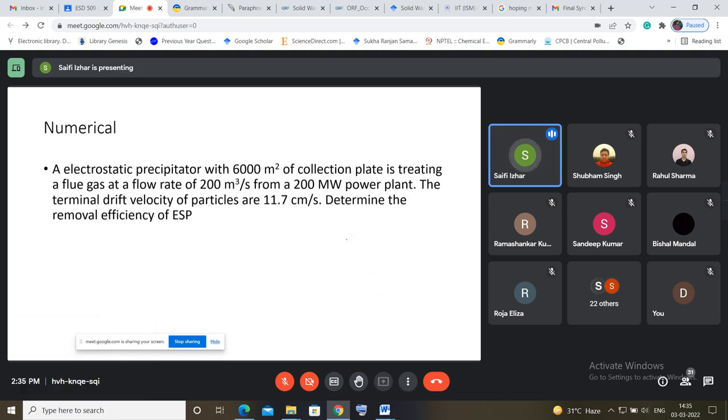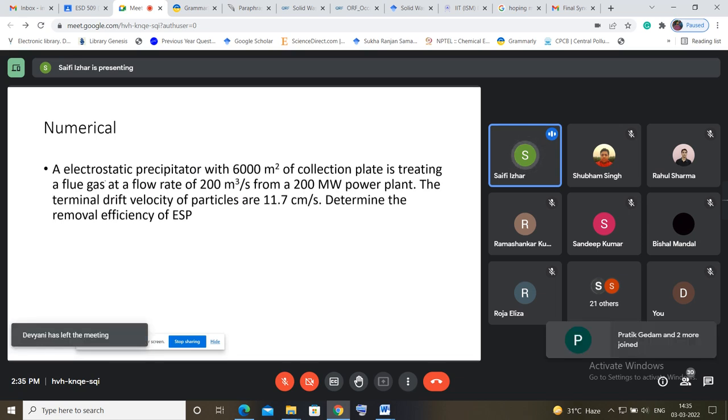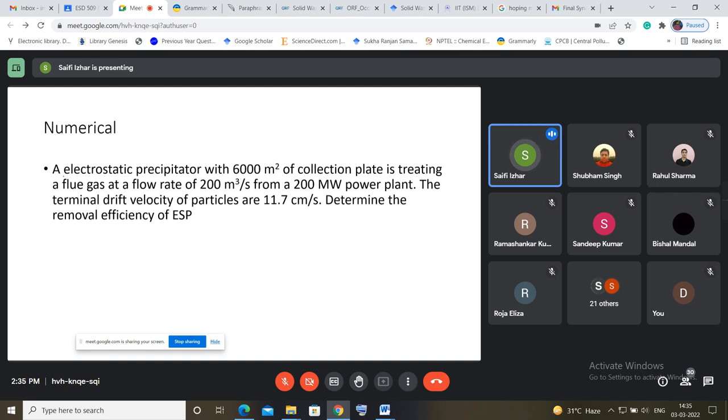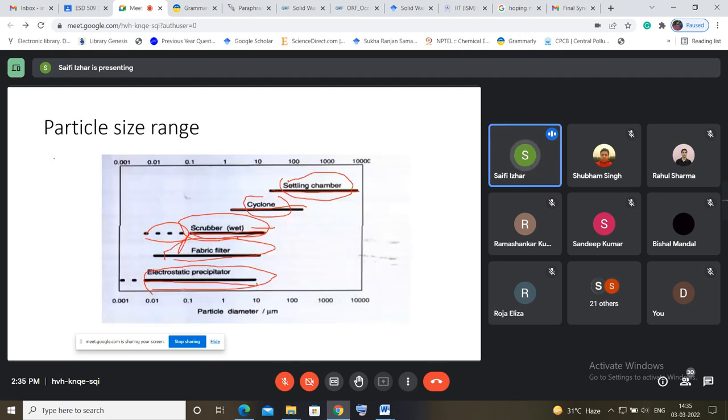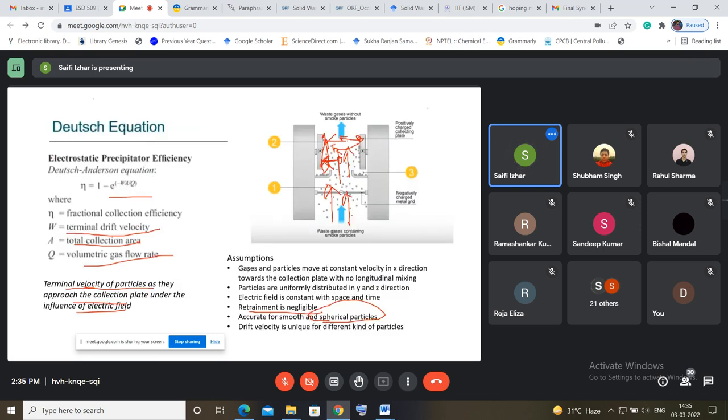So we will solve this numerical. Kindly take a snapshot of this question as I will move to the attendance sheet. I'm also showing this equation.